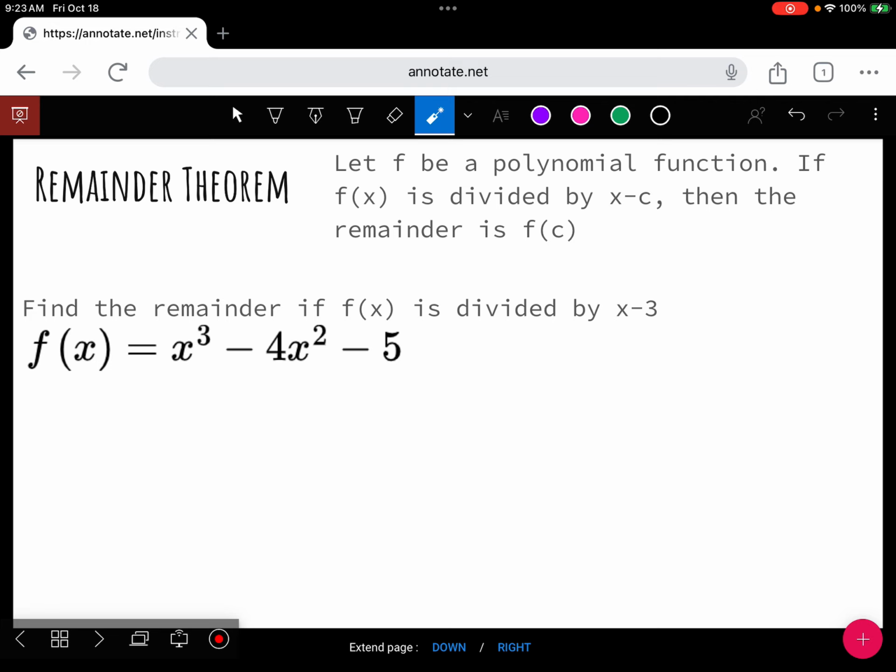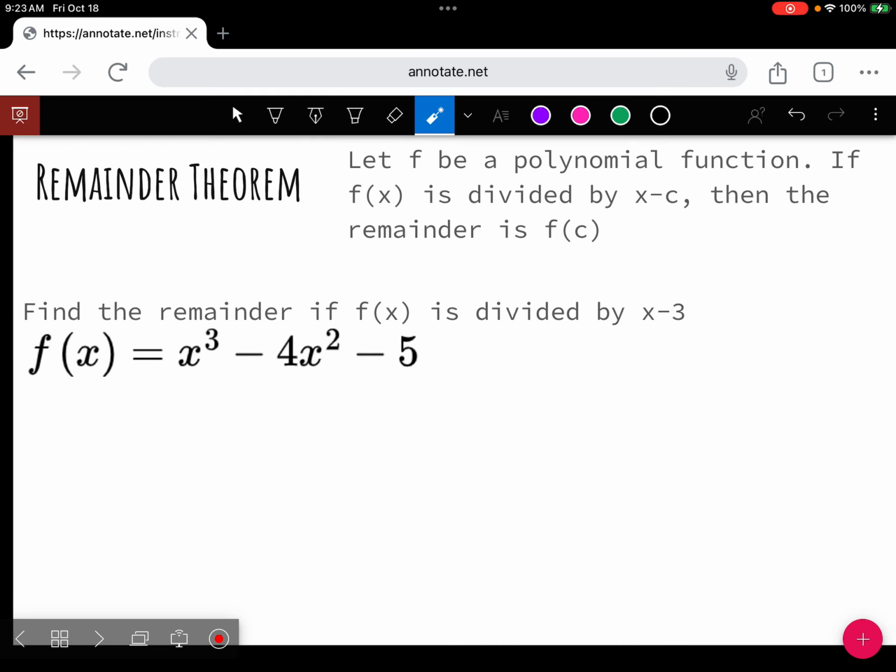What it's saying is that we can find f of 3 using something like synthetic division, because sometimes these functions get super gross. So we're going to find f of c.